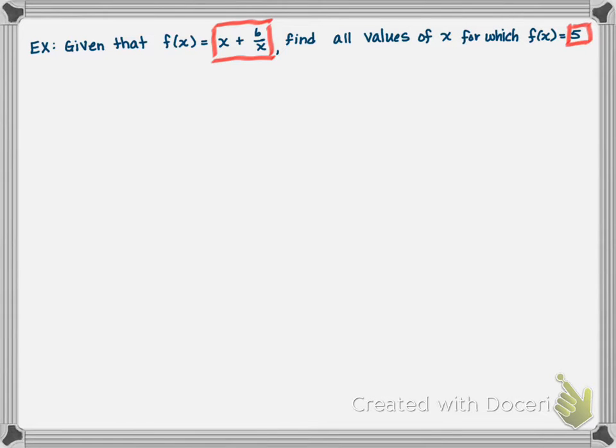So we would set our function x plus 6 over x equal to the output they gave us, which is 5. So both of those things in red boxes are equal to f of x, so they must be equal to each other. And so then what would my LCM be here?